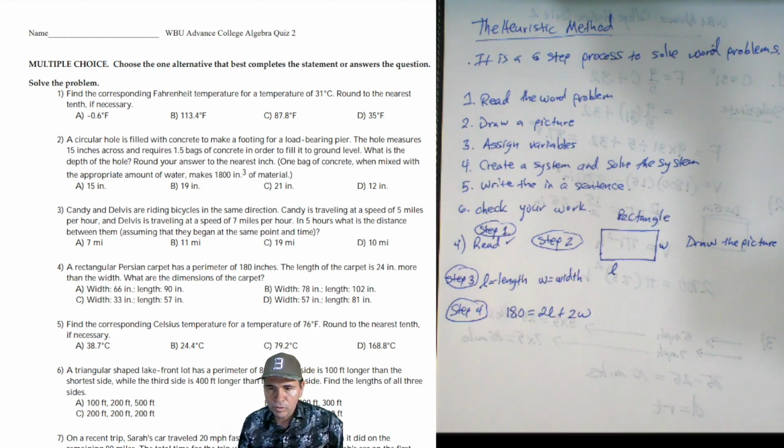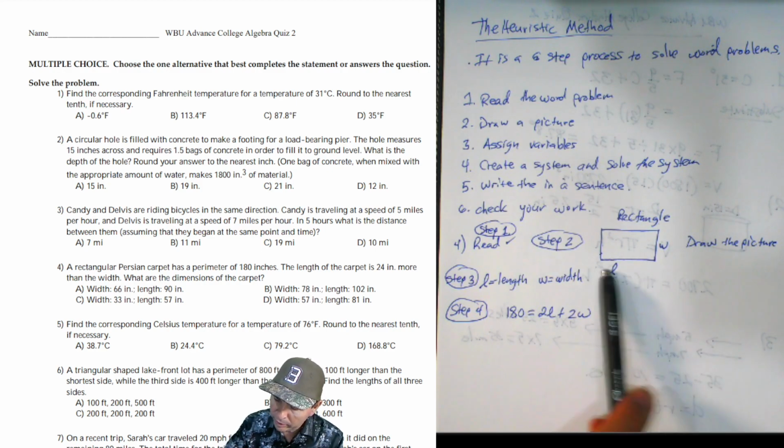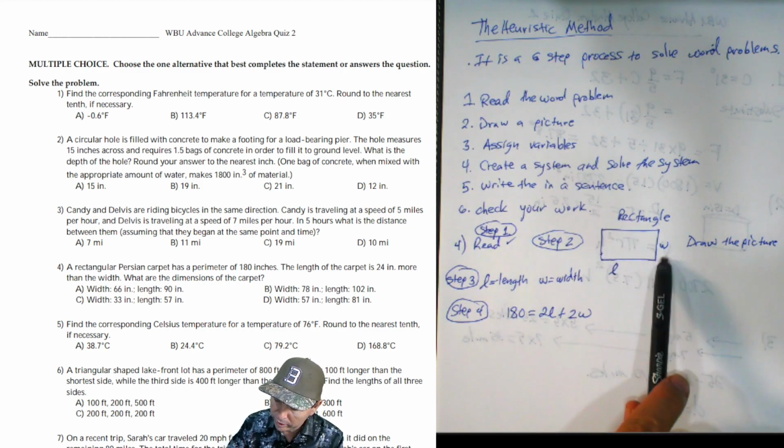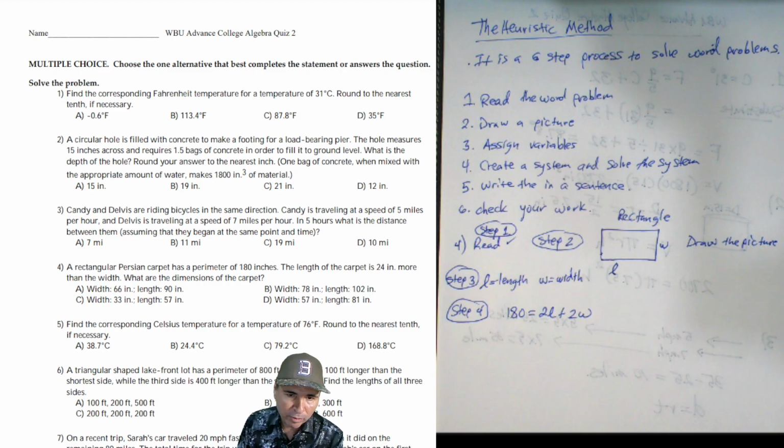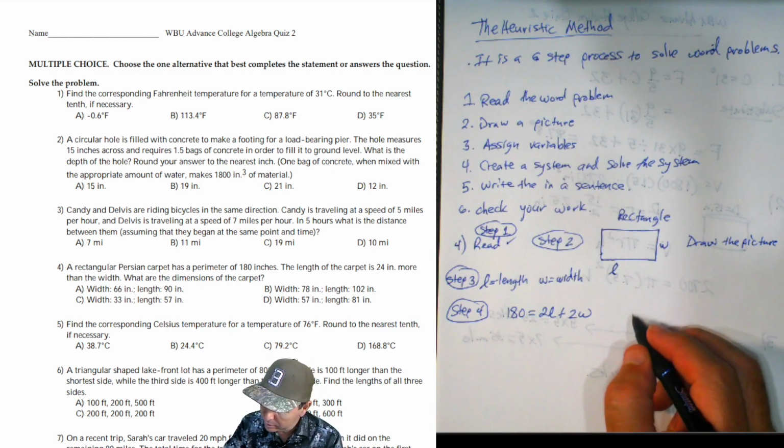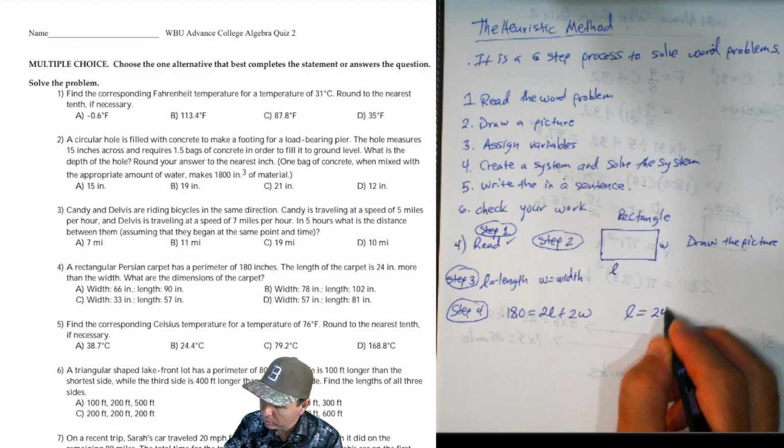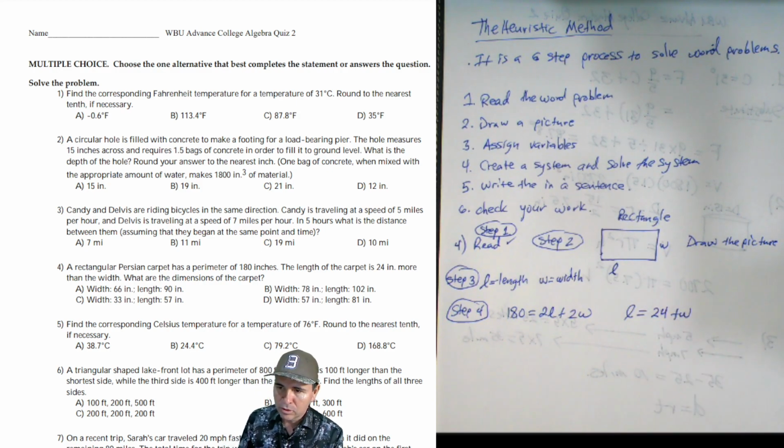Go back to quiz 1 if you have any questions on what perimeter is. The perimeter is all the way around. So you need 2 lengths and 2 widths. And then they give me the perimeter to be 180. Then they tell me that the length is 24 more than the width. So you need to add 24 to the width to make it equal to the length.